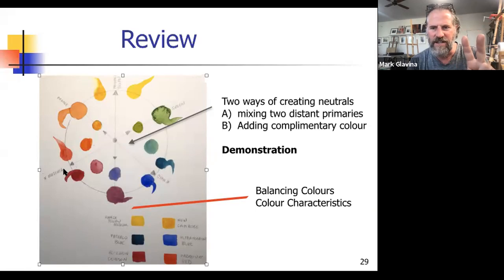So a tertiary color is three primaries, correct? So if we start with a secondary and add the third primary color in the color wheel, then we're creating a tertiary, and you can control better the intensity or chroma of that pigment, which I hope to demonstrate for you in a little bit. Okay, so my preferred way is to find colors and create an intense color and then make it more neutral.